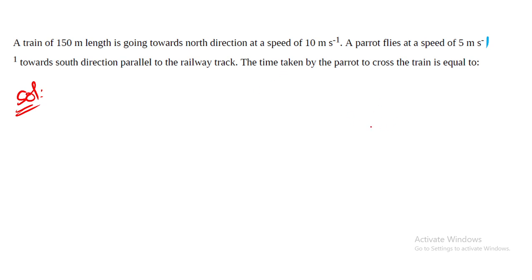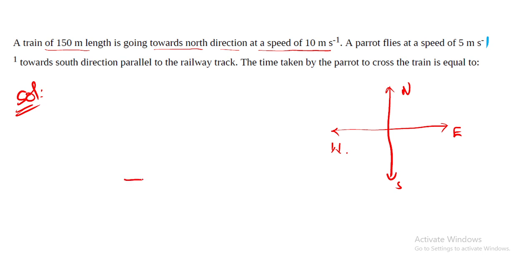So you try to draw the north, south, east, west. Am I correct? Now what I am taking here, see the train length is how much? 150-meter length, going towards the north direction at a speed of how much here? 10 meter per second.